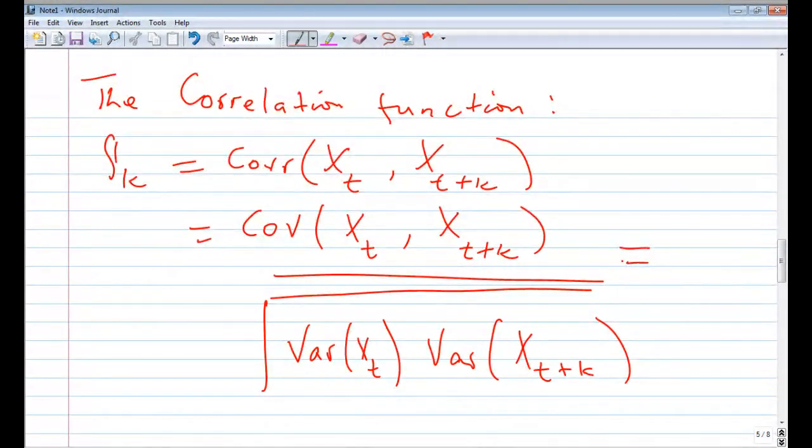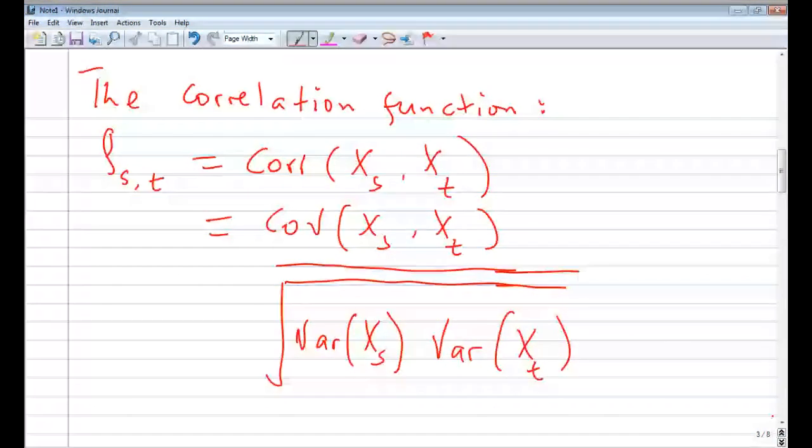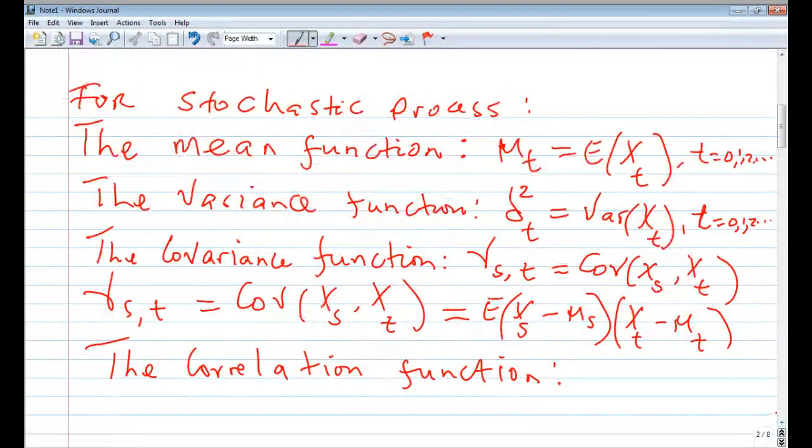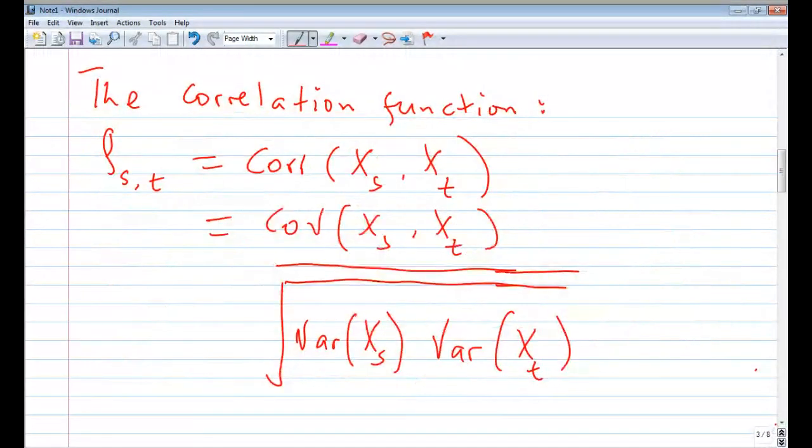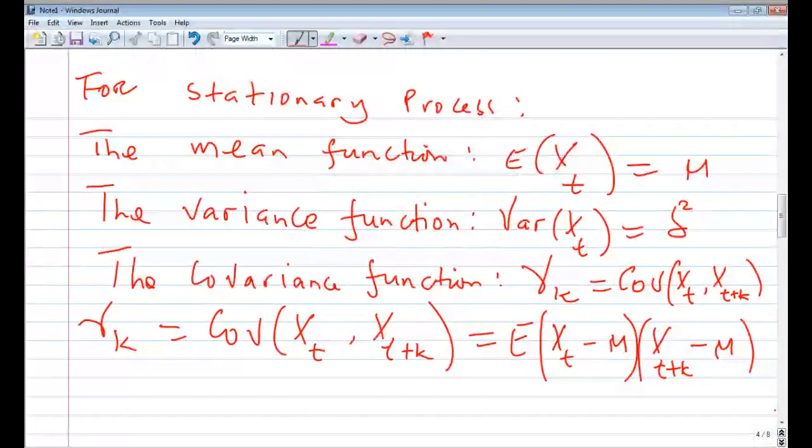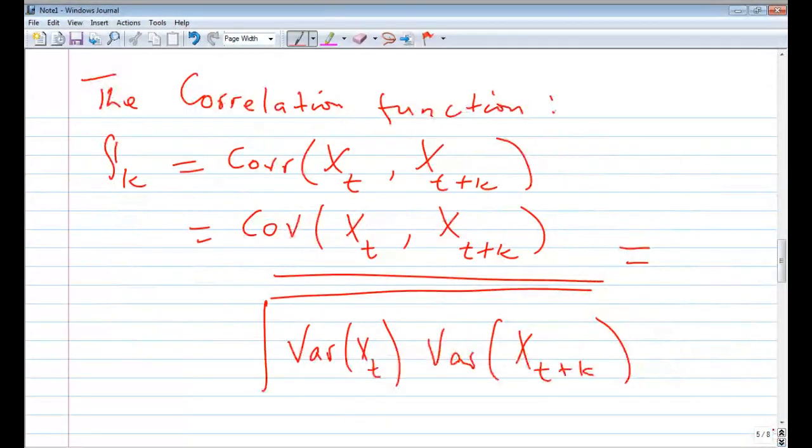Now, if you recall, the cov of xt, xt plus k is gamma k. So instead of writing cov of xt, xt plus k, you can write gamma k, divided by the square root of var of xt times var of xt plus k.